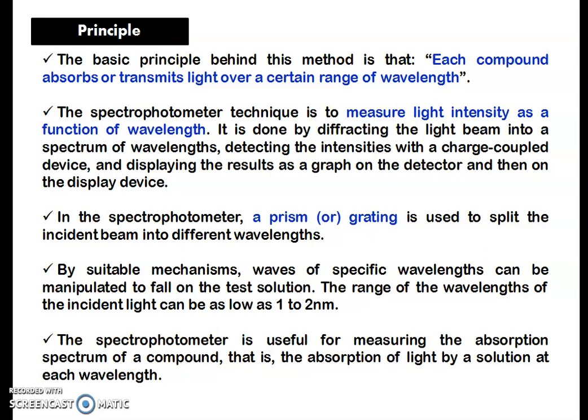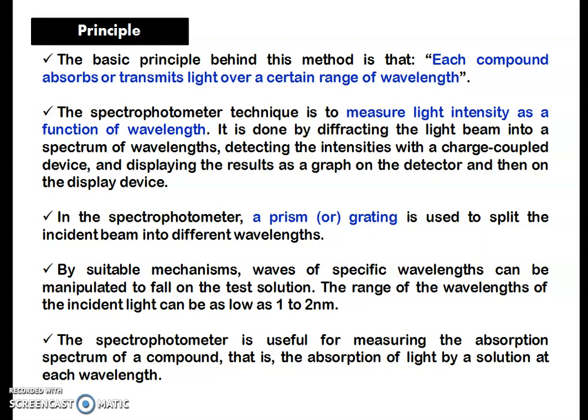By suitable mechanisms, the waves of specific wavelength can be manipulated to fall on the test solution. The range of wavelength of incident light can be as low as 1 to 2 nanometers. The wavelength range can be adjusted manually to a very short wavelength also.